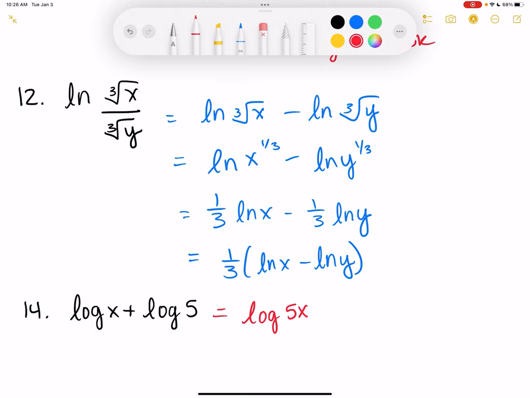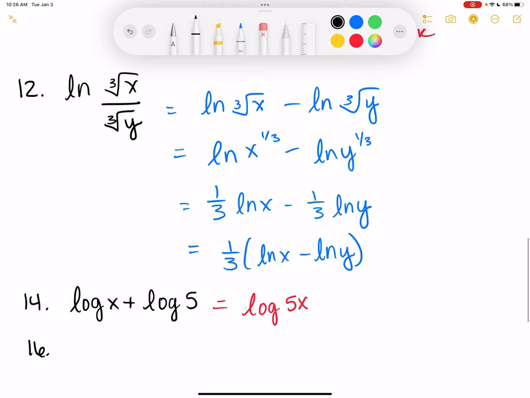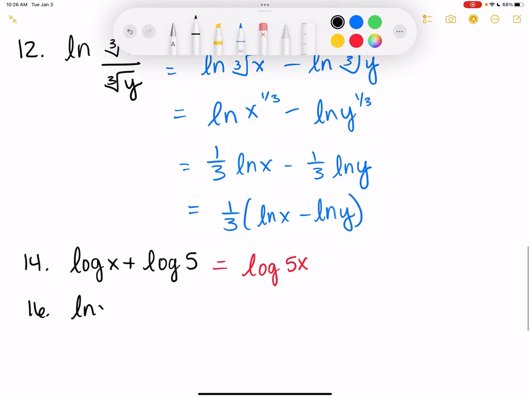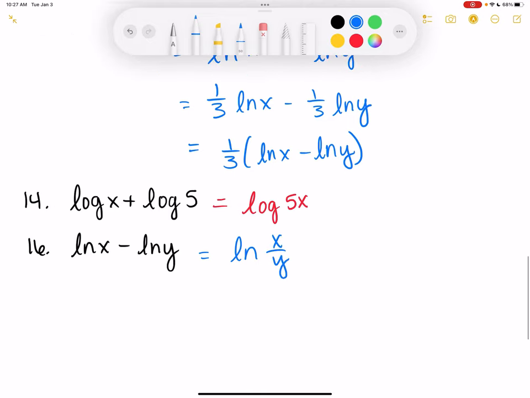Okay, simple. Start off with something, then it gets harder. 16: ln of x minus ln of y would be what? ln of x over y. 18: 1/5 log of z.